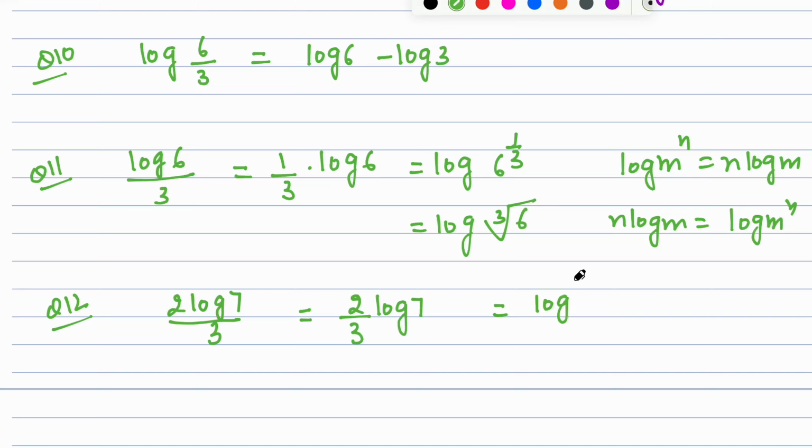Or you can write it as 7 to the power 2 by 3, which is equal to log of the cube root of 7 squared. Be careful, if it is in the denominator, it has to be inside the root sign. Okay.